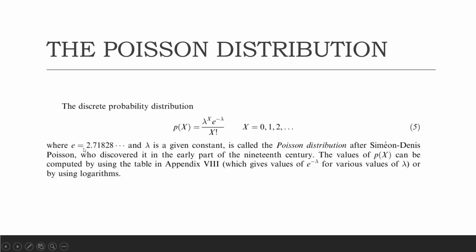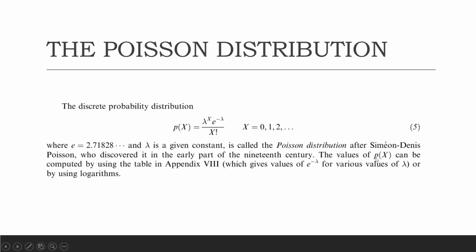e is also a constant value, 2.71 and so on, with many decimal values, but this is enough. With lambda as the given constant, it is called the Poisson distribution after Simeon Denis Poisson, who discovered it in the early part of the 19th century.